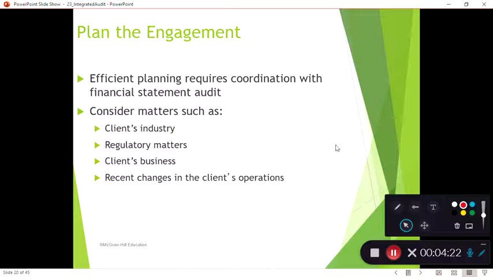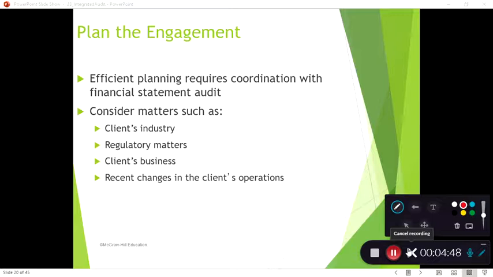So planning the engagement. But the thing is here, we've been talking about several of these things as we have been working through, right? We've talked about understanding the firm's internal control system the entire time that we have actually been talking about auditing each of those transaction cycles, right? So this isn't anything separate.